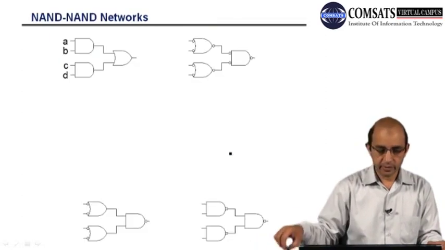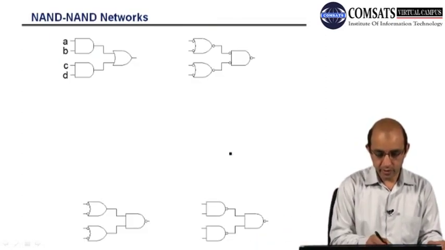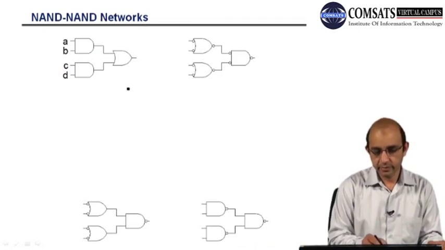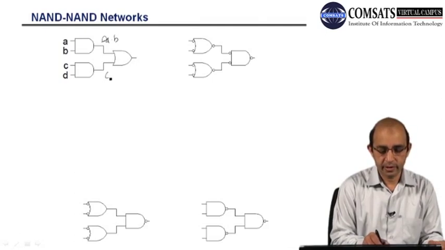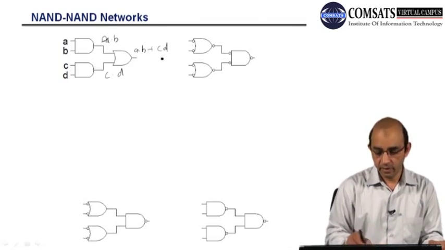So let's have a look. We started from here. So this is A dot B, and this is C dot D, and what we will get is AB plus CD.